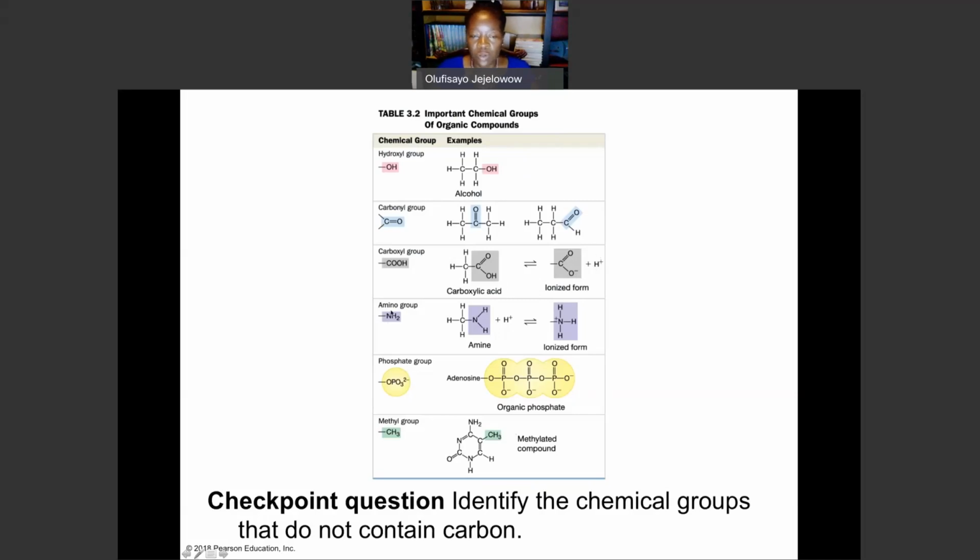The amino group combines with the hydrocarbon to give an amine. These two are important components of proteins, the amino acids that work in the body. Phosphate group binds to hydrocarbons to give organic phosphate, the high energy molecules that our bodies use. Methyl group also methylates the compound.